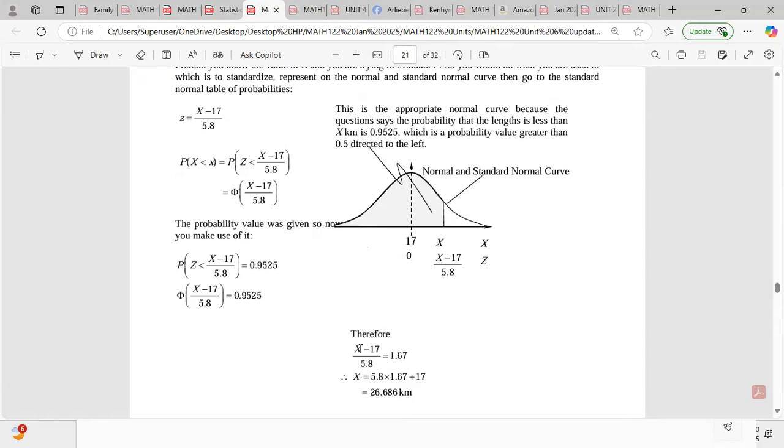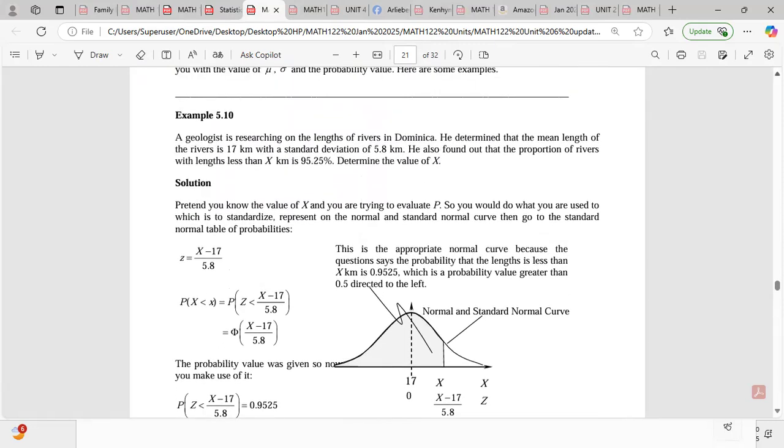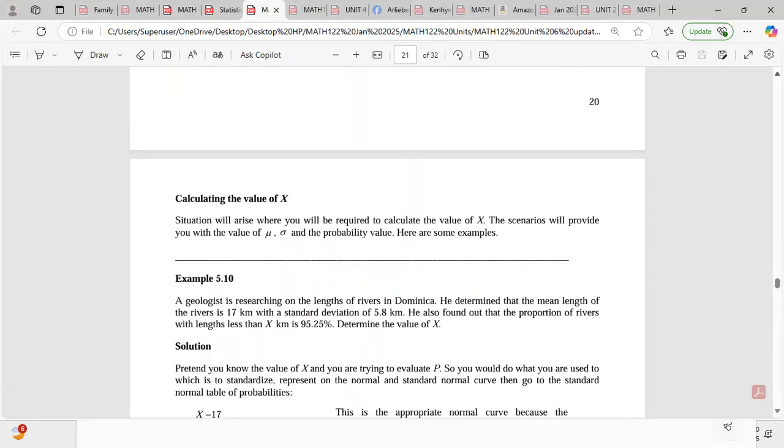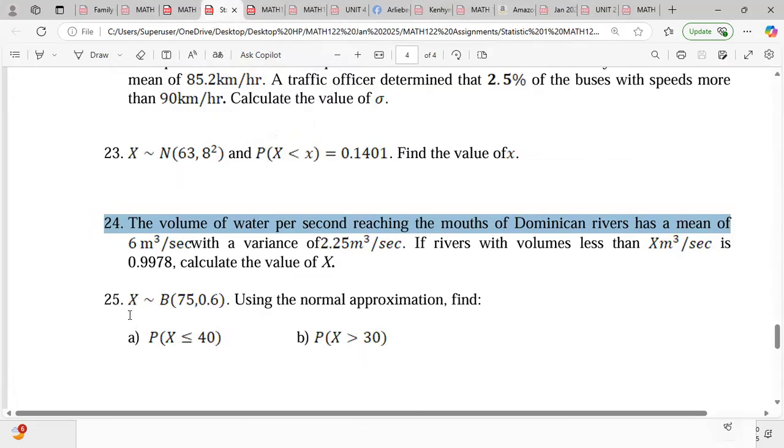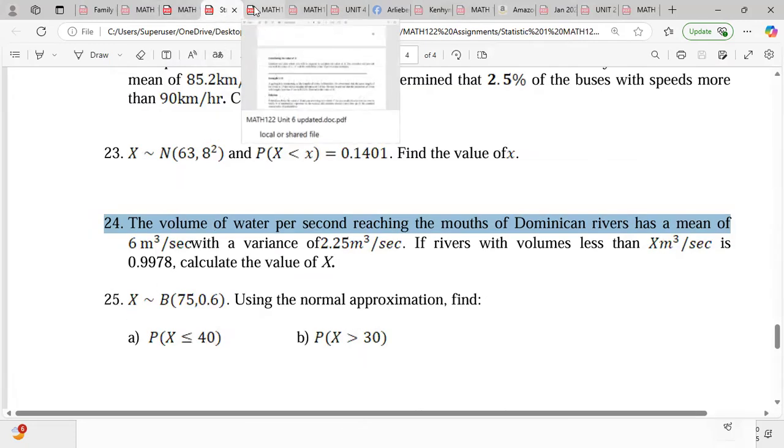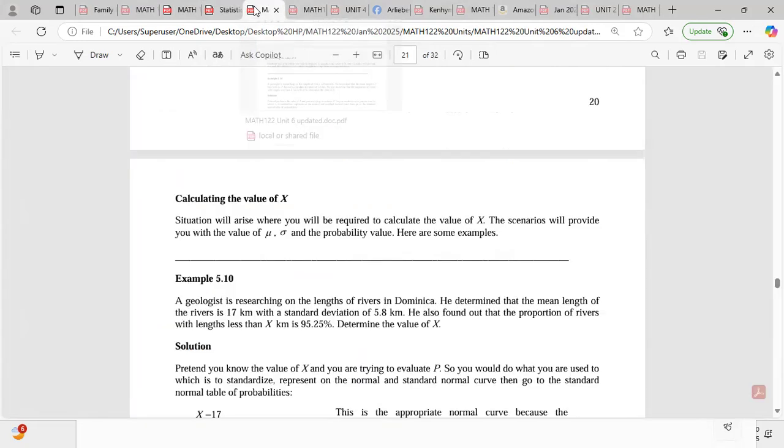Below here is critical. The curve is critical also, and all the rest is just formality. Okay, so you can use example 5.10 on page 20 to help you with number 24. Pretty much identical to each other.